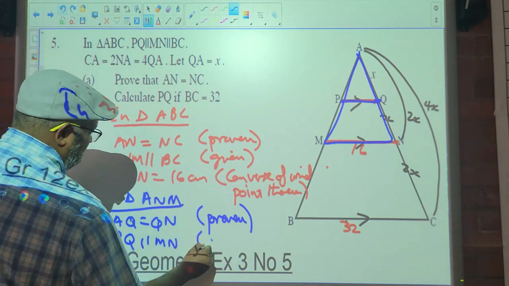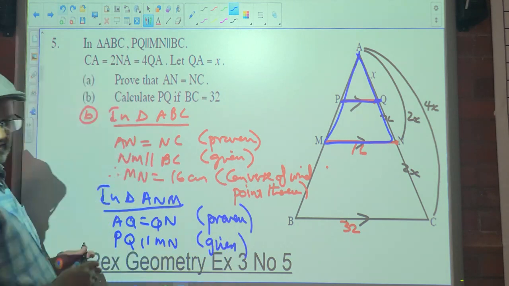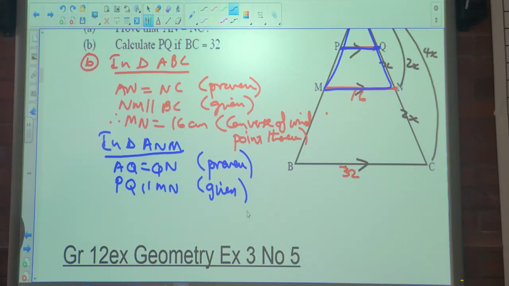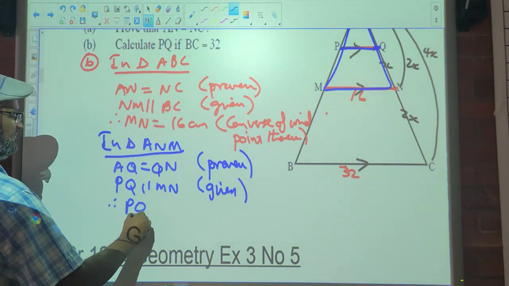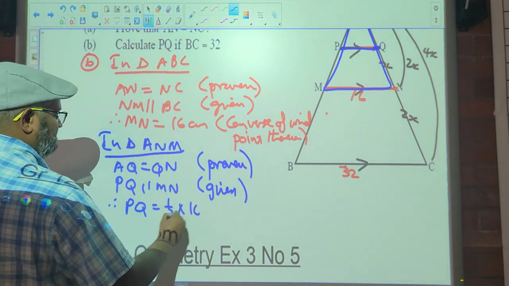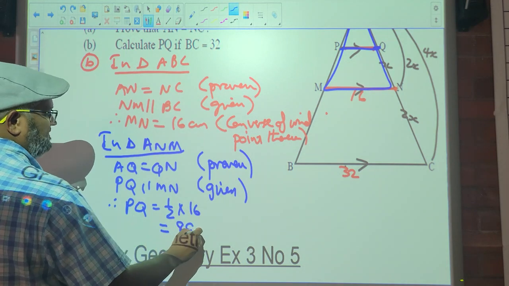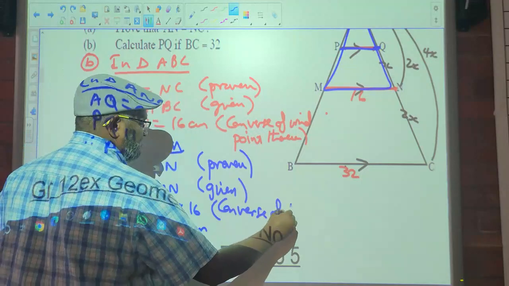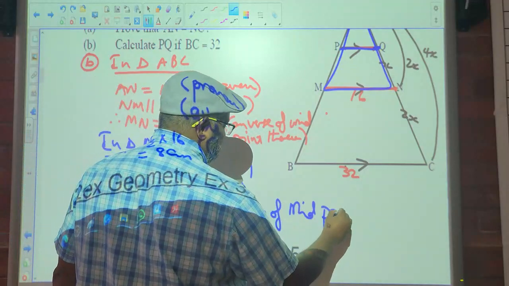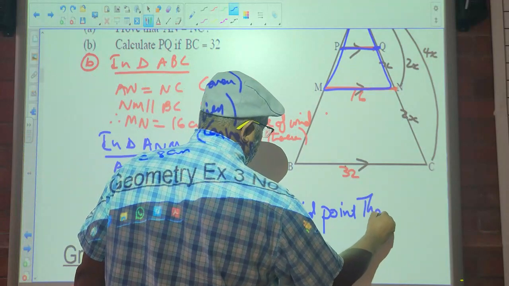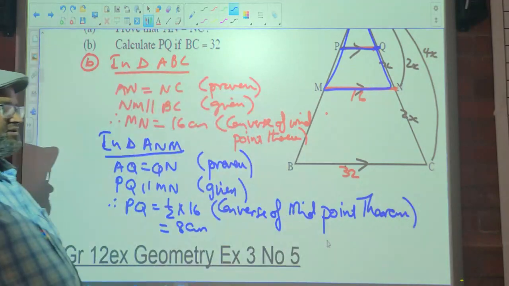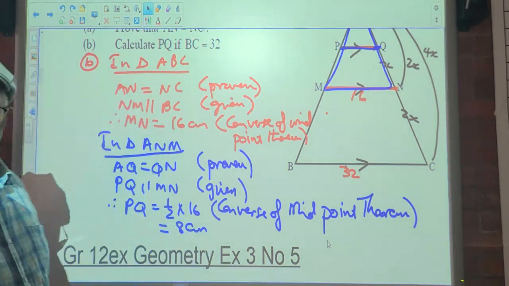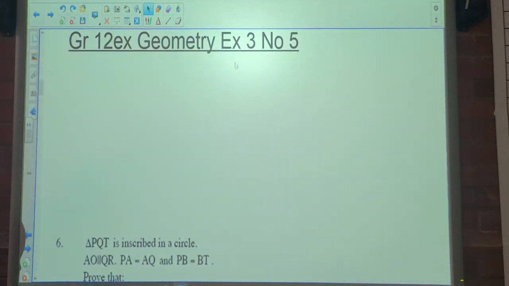Why? Given. So therefore, PQ is going to be half of 16, which is 8 centimeters. Why? Converse of the midpoint theorem. Easy enough?